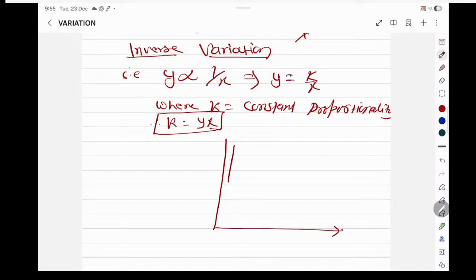The graph moves like this. This is the graph of inverse variation.